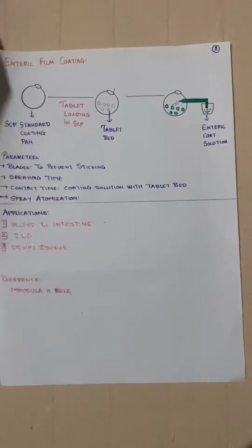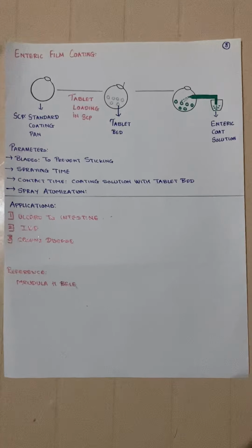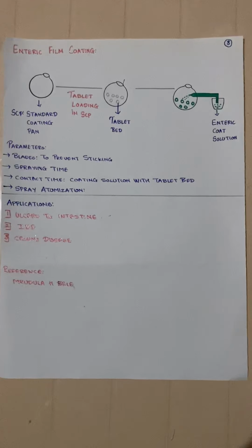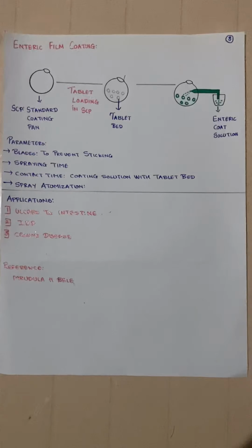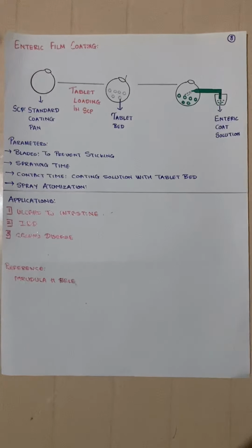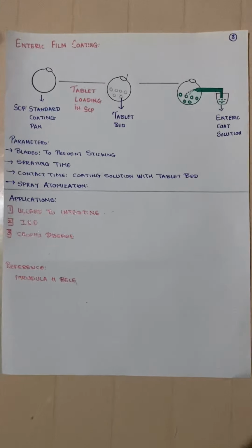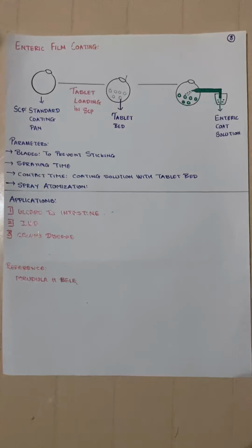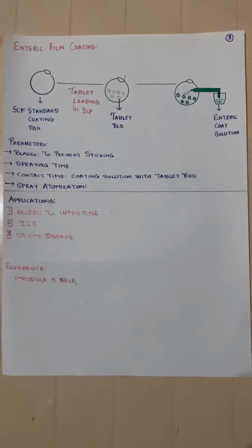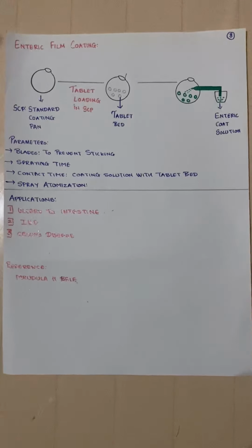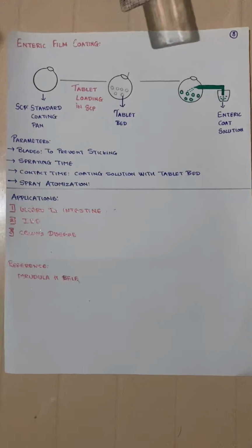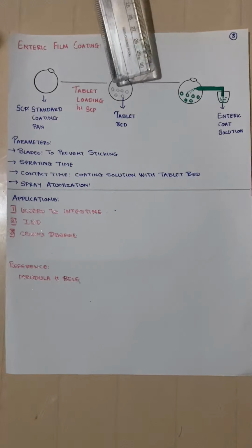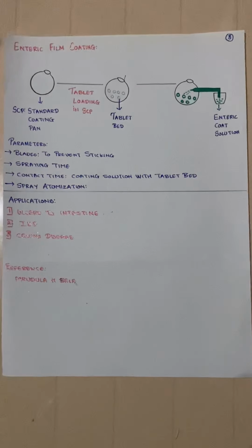How are enteric coated tablets prepared? Enteric coated tablets are prepared by the schematic representation shown, where you take tablets into a standard coating pan or a tablet coater and you load all the uncoated tablets into the tablet coater.